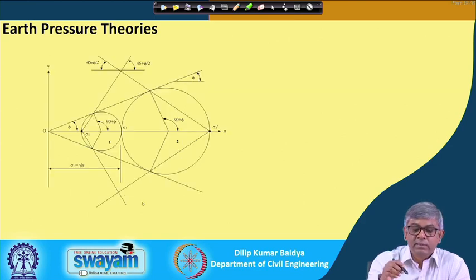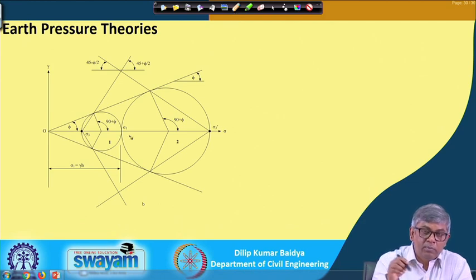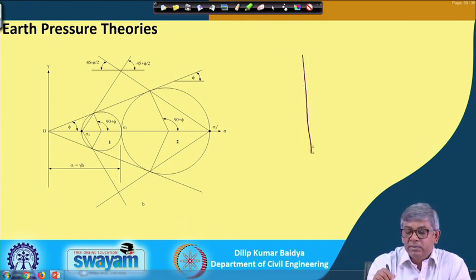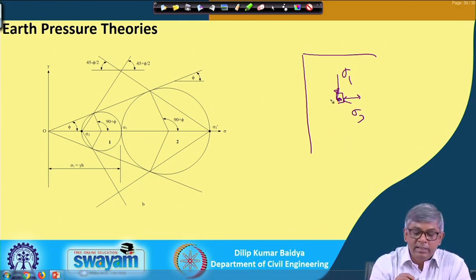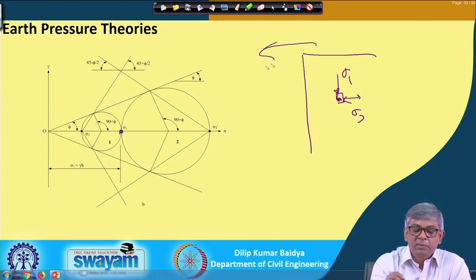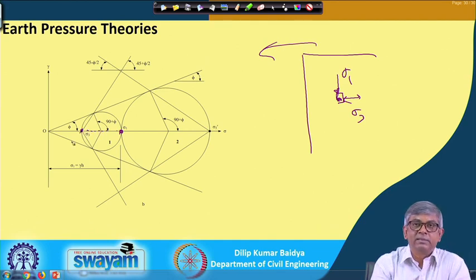Let us look into that. We have already done this one, so whatever was shown at that point in the previous diagram, I can draw the same diagram here. If I draw an element here, then this will be sigma 3 and this is sigma 1. Normally at rest condition this is sigma 1, and when the wall moves this way, sigma 1 reduces and finally becomes this.